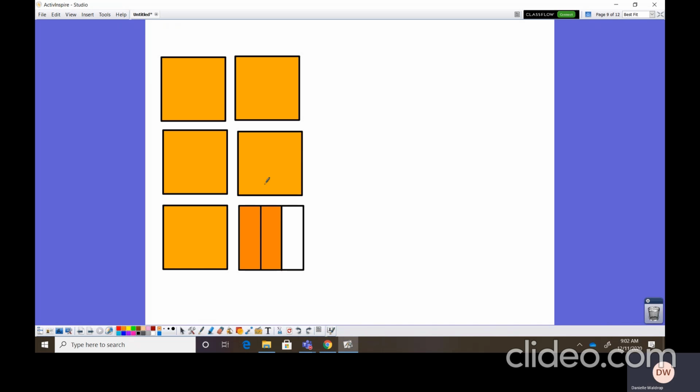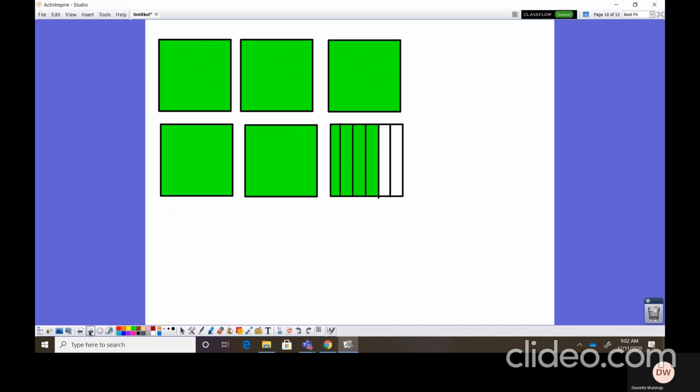All right. So on this one, 1, 2, 3, 4, 5. I have 5 whole squares. And this box down here would be a fraction, and it is split into thirds. So I know that's going to be thirds. And now how many of those thirds are colored? Good, 2. So I would say 5 and 2/3.